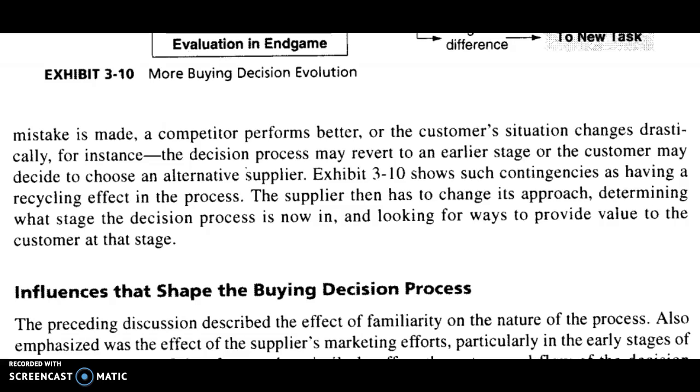Exhibit 3.10 shows such contingencies as having a recycling effect in the process. The supplier then has to change its approach, determining what stage the decision process is now in, and looking for ways to provide value to the customer at that stage.